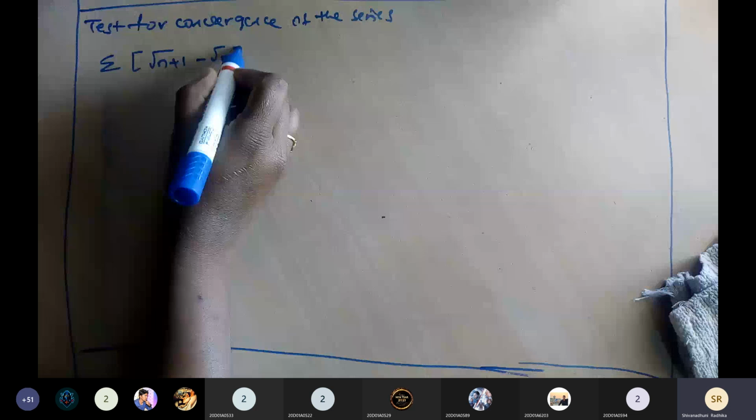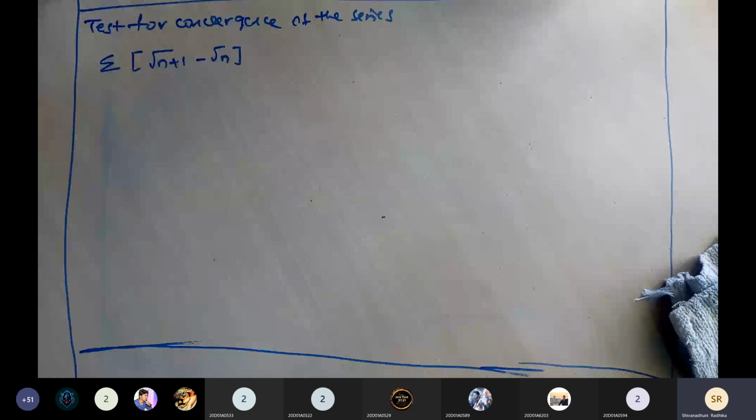Okay, so this is the problem. Test for convergence of the series summation under root of n plus 1 minus root n. Is it clear?